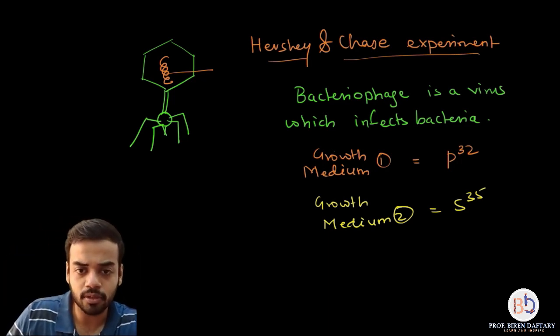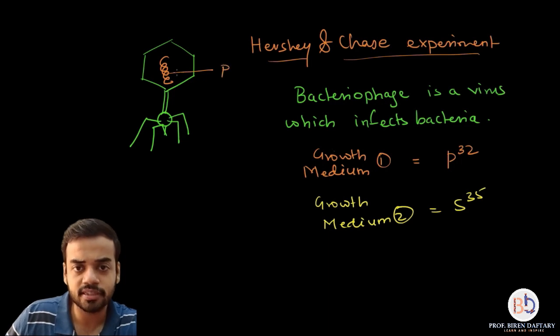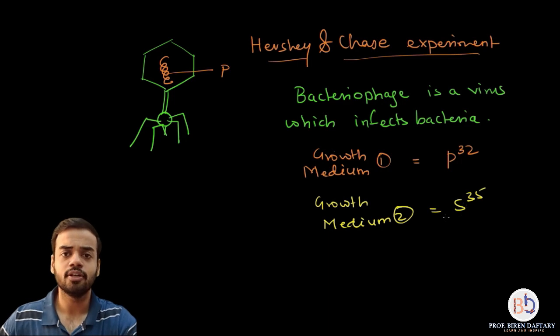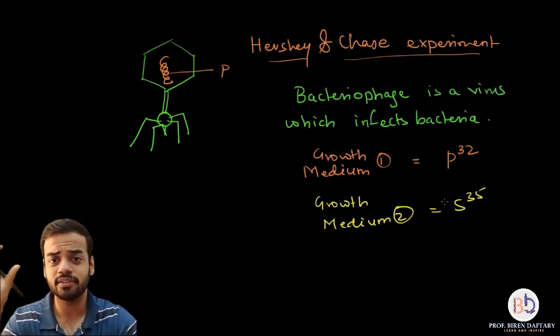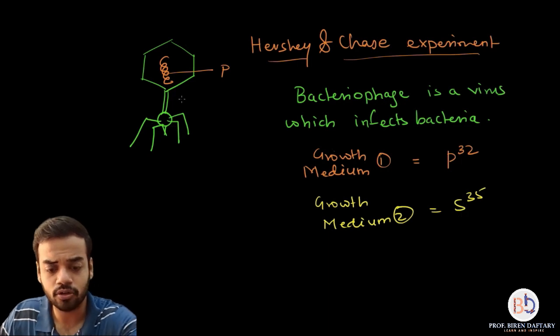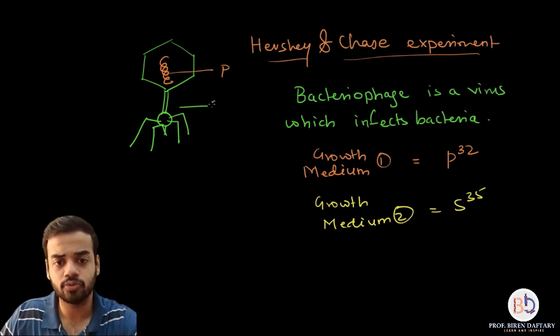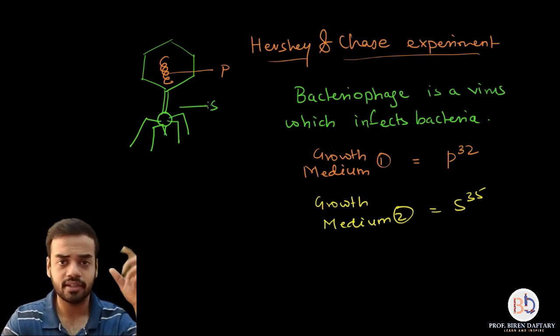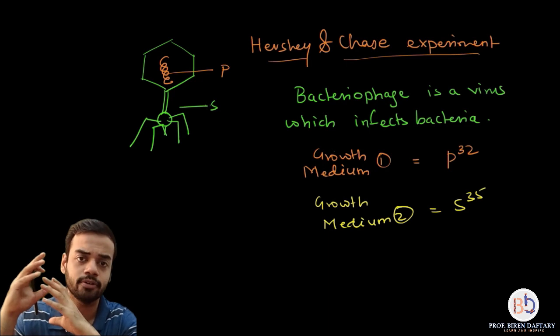Please remember that phosphorus is present in the DNA, whereas sulfur is mostly present in proteins. So this entire green structure has a lot of sulfur. So please remember this: DNA has phosphorus, proteins have sulfur.